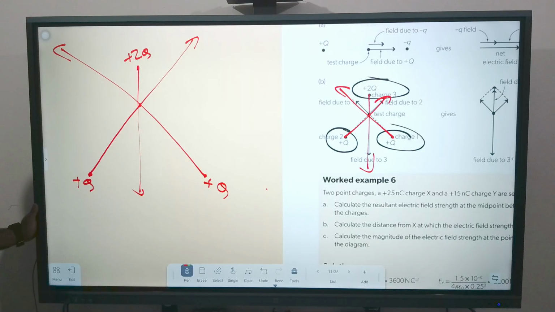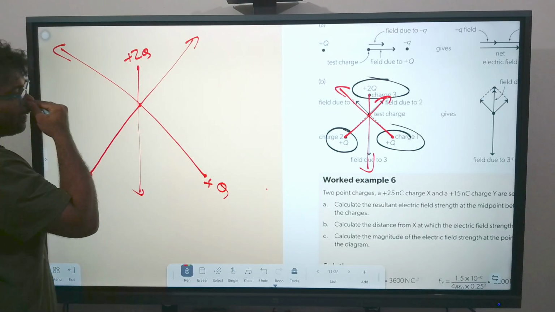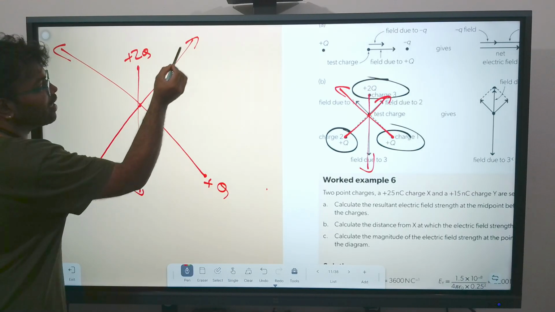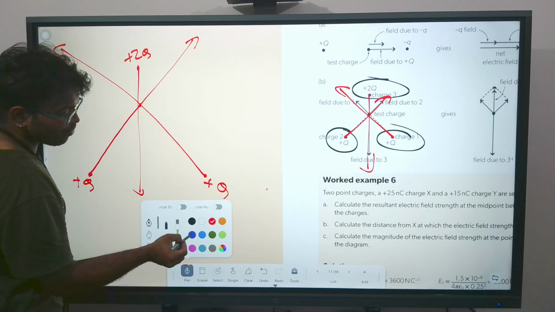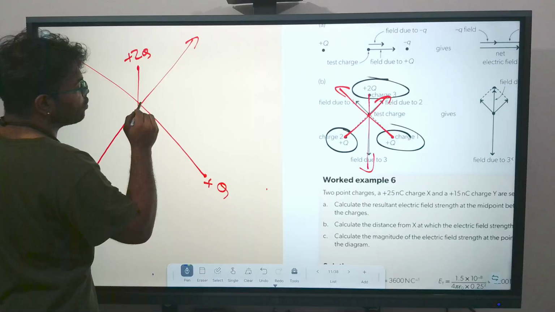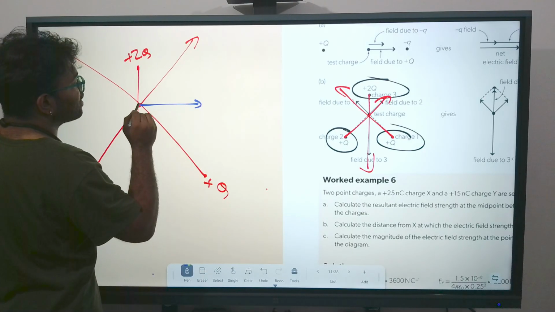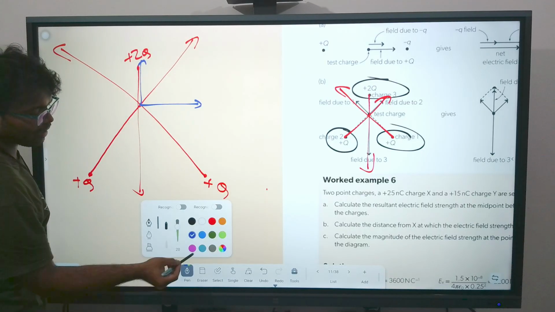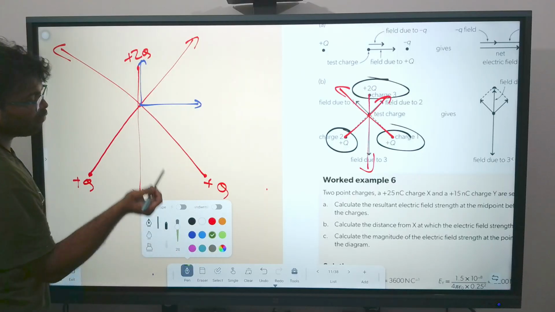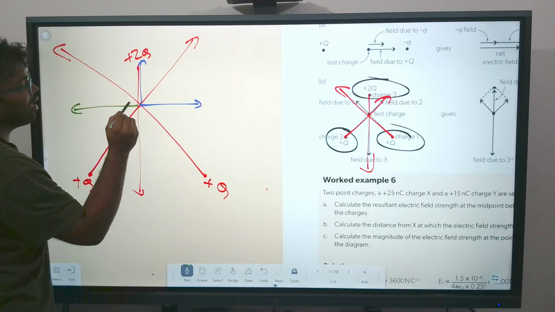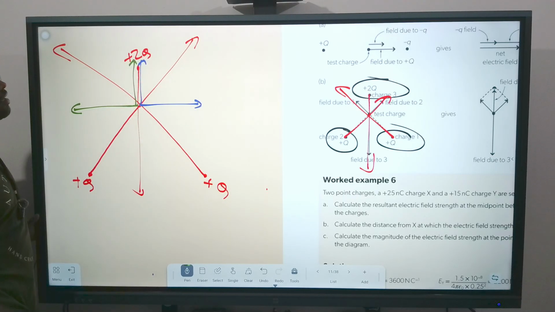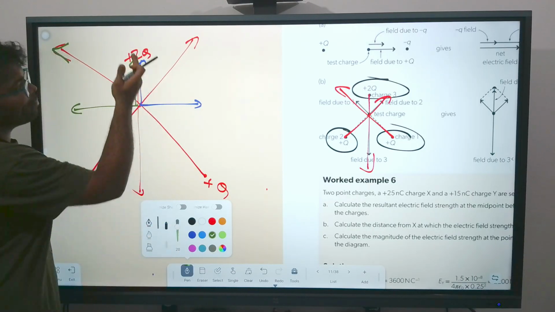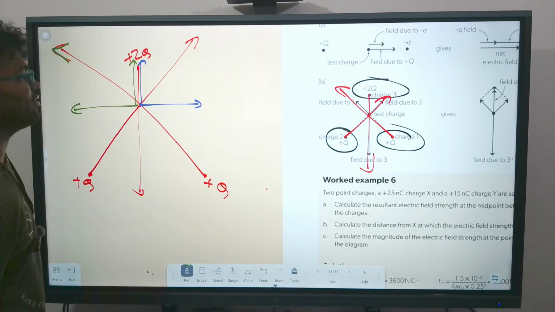Clear? Now, at this point, I can resolve this force into this and this. Similarly, I can resolve the other force in this and this direction. And the third one is basically in the plane itself.